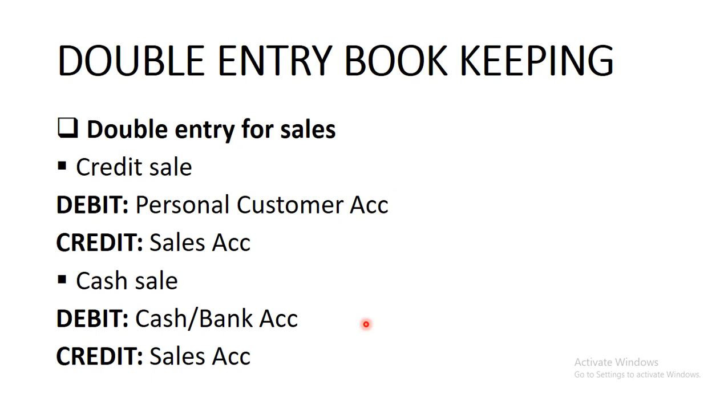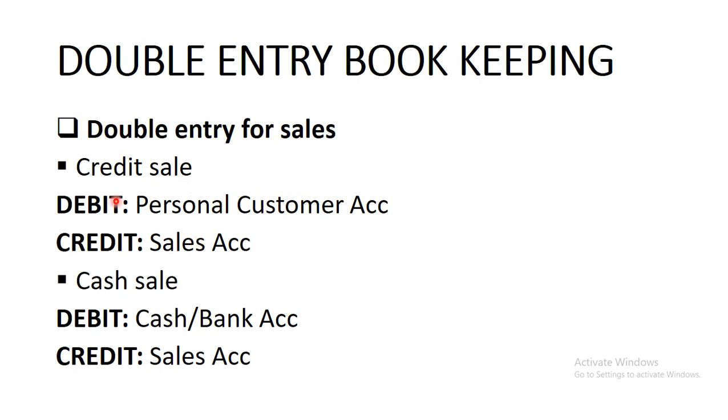When we make a sale, how does that affect the books with respect to double entry bookkeeping? When a sale is made, you need to debit the personal account and then you credit the sales account.